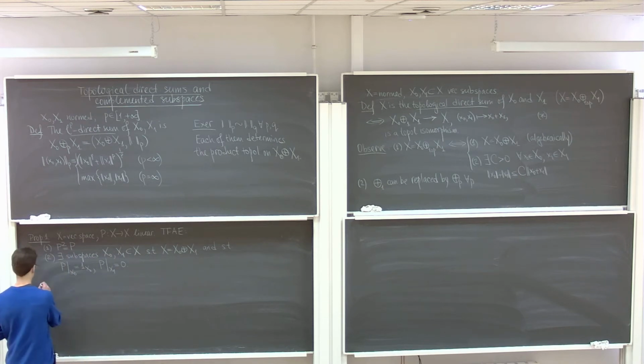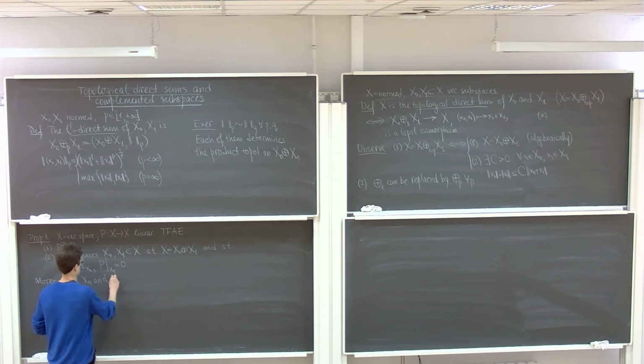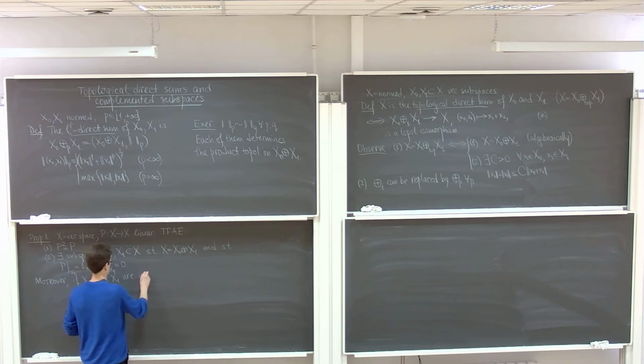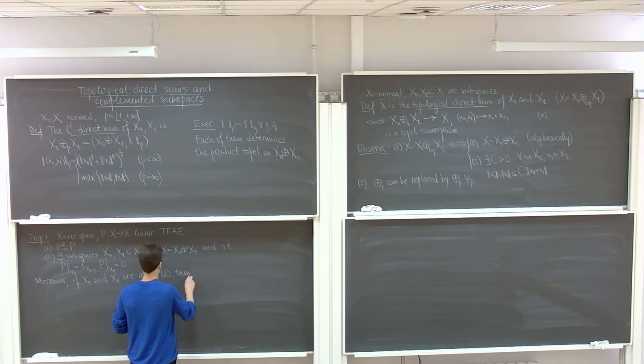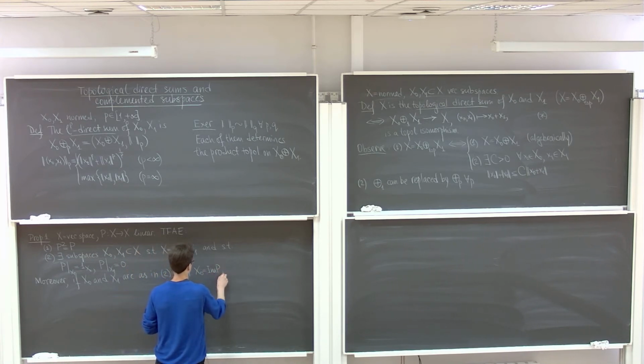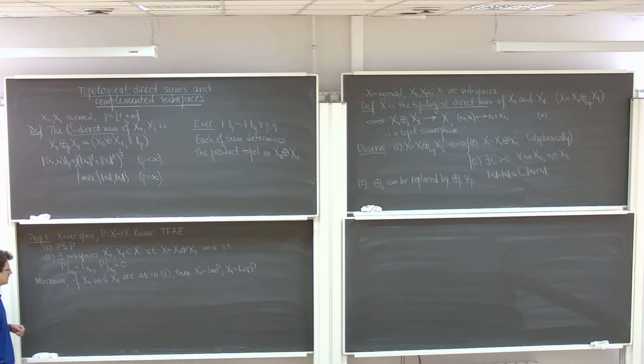And moreover, if the subspaces X0 and X1 are as in condition 2, then actually X0 is the image of P, and X1 is the kernel of P. Well, the proof is a simple exercise in linear algebra.